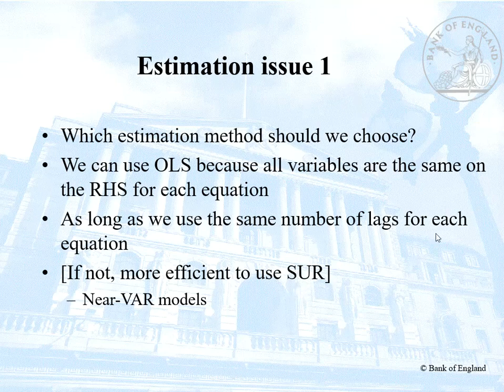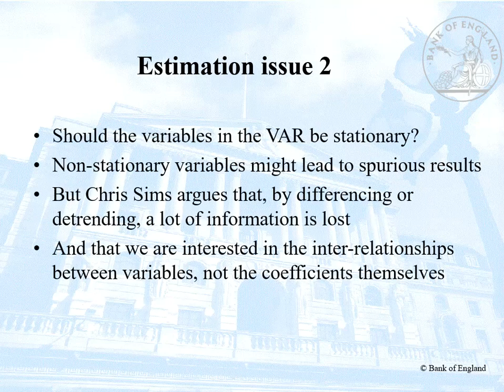But if the variables in each equation are different, then you will get more efficiency by using the seemingly unrelated regressions. Another estimation issue is, should the variables in the VAR be stationary?